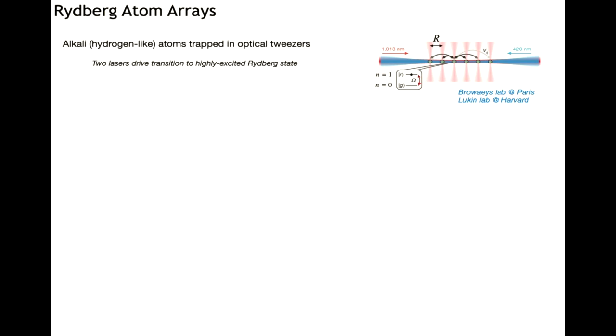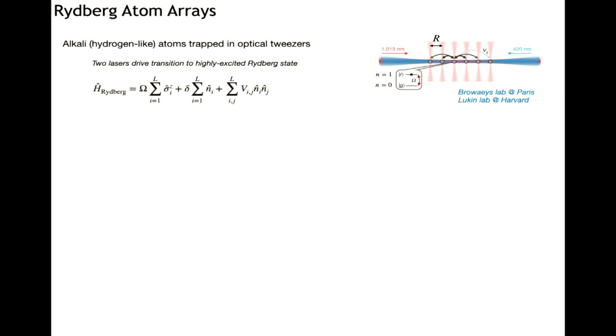We program our lasers to drive a transition between the ground state of these atoms and a very highly excited state, where the electron that orbits around the atom occupies a very distant orbit from the nucleus. So the wave function of this electron is very big. The advantage is that the atom now has a giant polarizability, so it has giant interactions.